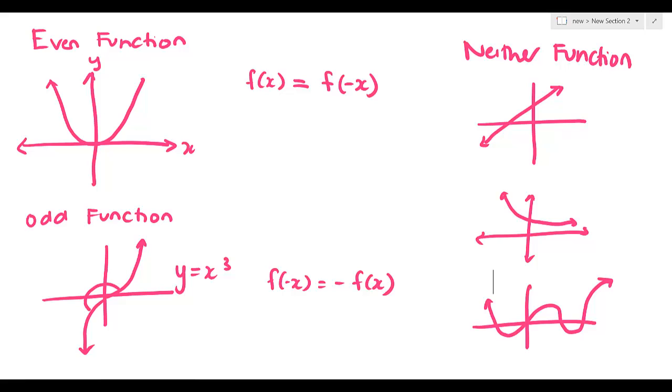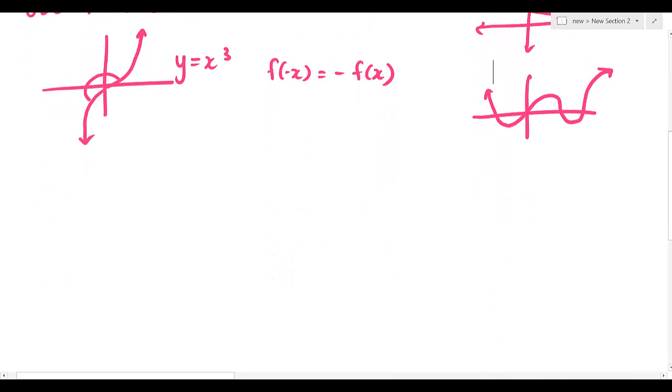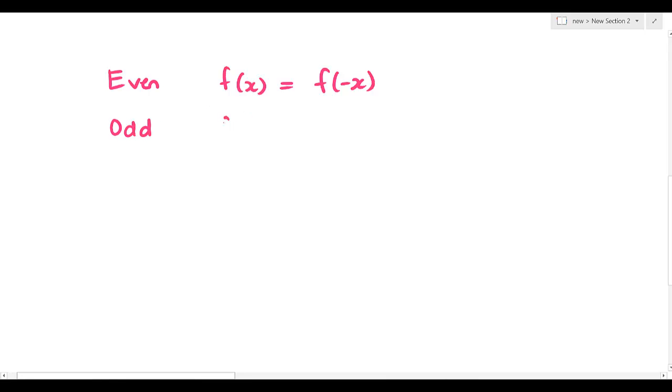Now let's define it using algebra. So scrolling down, using algebra, even functions are defined as f(x) equal to f(negative x). Odd functions are defined as f of negative x equal to the negative of f(x).